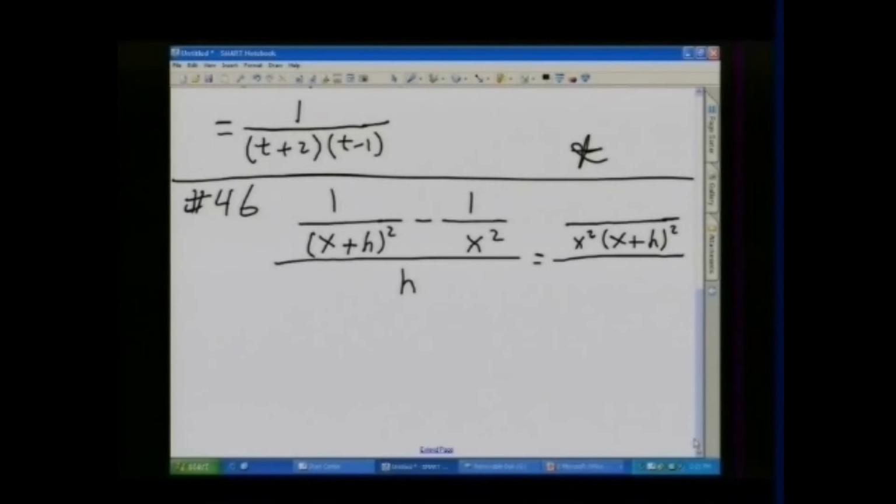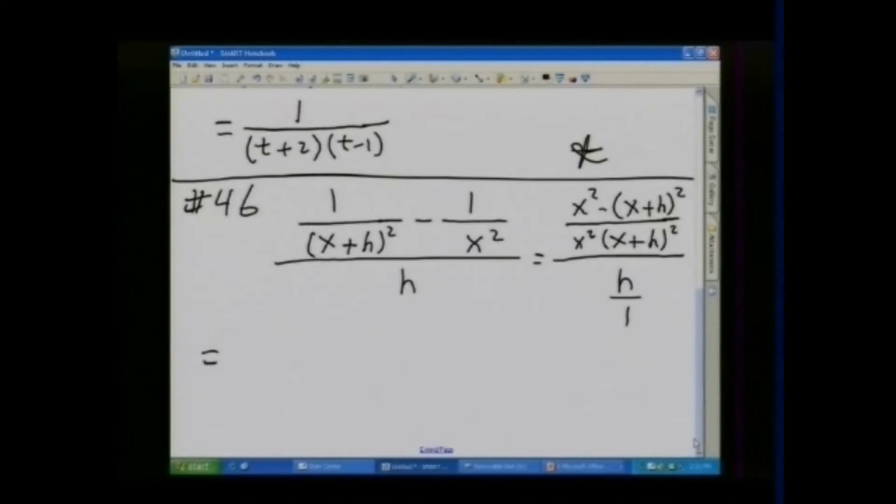and I would have h squared here, and minus x plus h squared here, divided by h. You need to make sure you understand this is like h divided by 1.